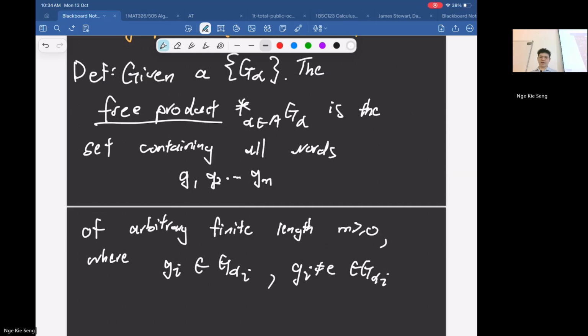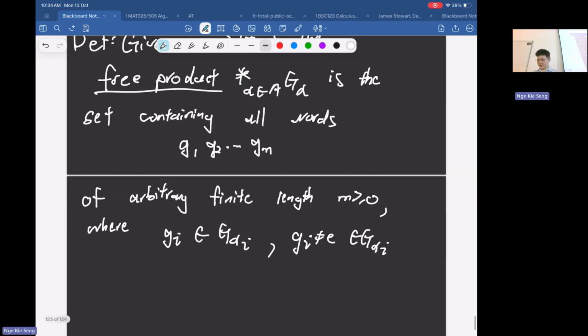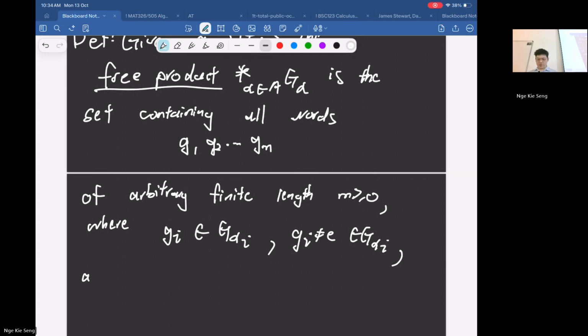You might think of this word as letter by letter, but these letters come from different groups. Adjacent letters should come from different groups, so it's chunk by chunk.